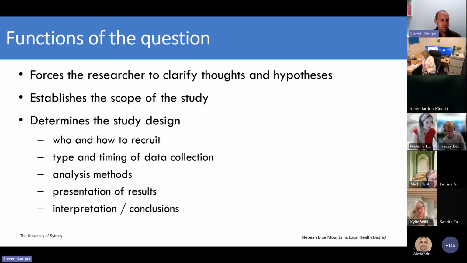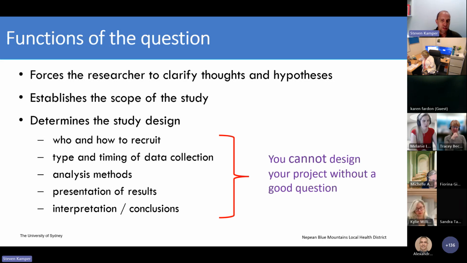but all of them are dependent on a research question which has those particular features that I mentioned previously, which leads to this. So you cannot design your project, you cannot decide on all these features without a question of the type that I described before.